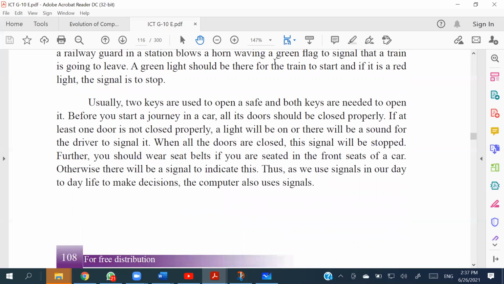So for our comfort, we indicate these high voltage and low voltage situations inside the electronic circuit as the 1 and the 0, right?